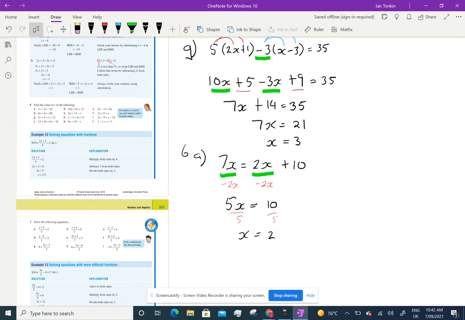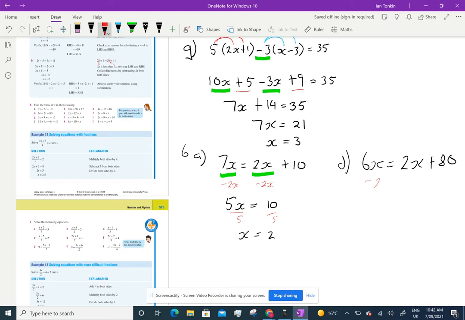So the next one. What have I got? 6x equals 2x plus 80. So this is D. 6x equals 2x plus 80. Well, minus the 2x. All right, always do the smaller one.